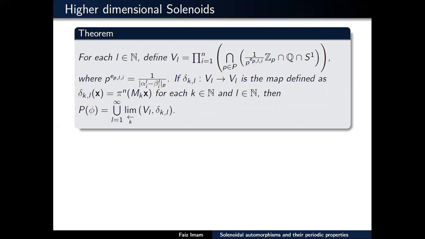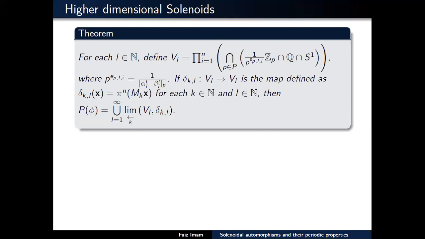For each L belonging to n, we define a V_L, and the product over i equal to 1 to n. So there are n copies of the intersection of these spaces. So we have P_L again as 1 by alpha_IL minus beta_IL, periodic norm of that. And then delta_KL is a map defined as delta_KL of x equal to pi_n of M_k x.